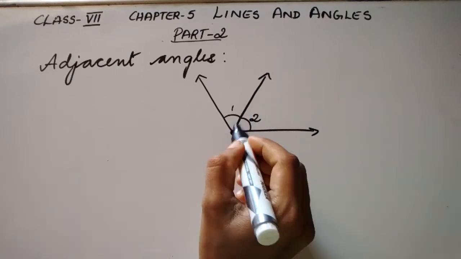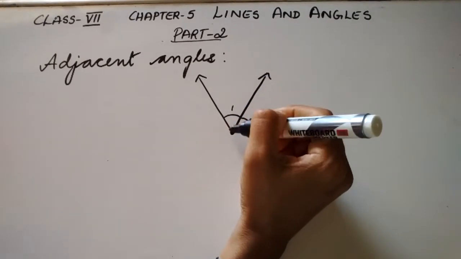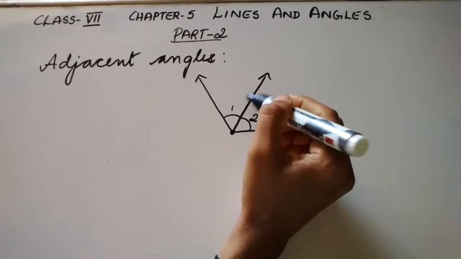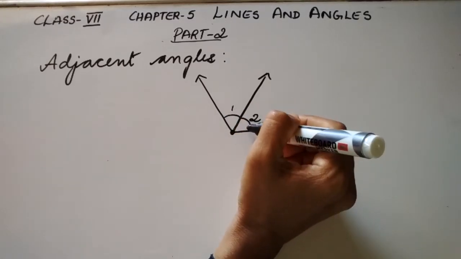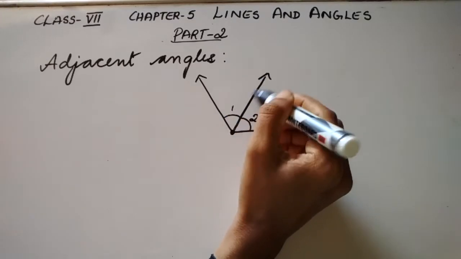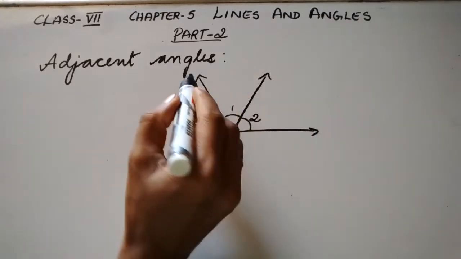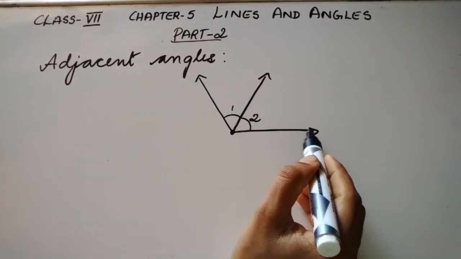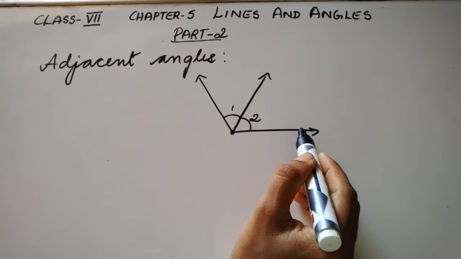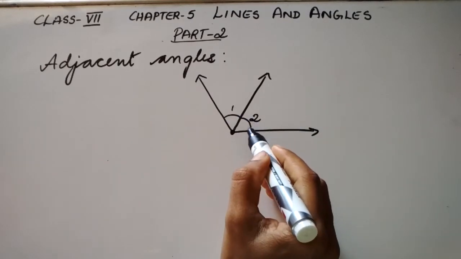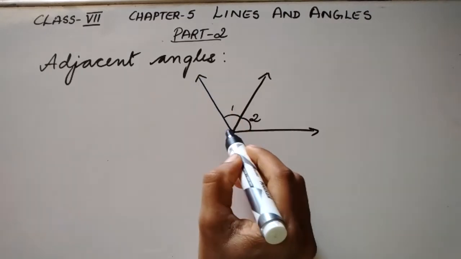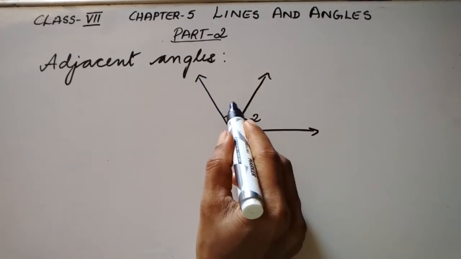They have a common arm. Can you see the common arm here, or the common side for both these angles? The common side is this one. And the non-common arms, these are the non-common arms. This side is to angle 2, and this side is to angle 1.